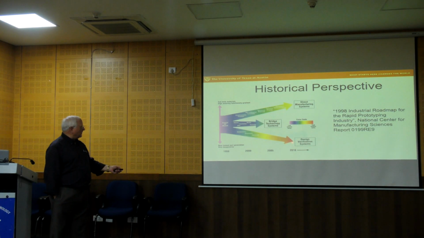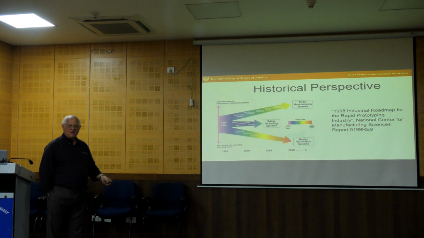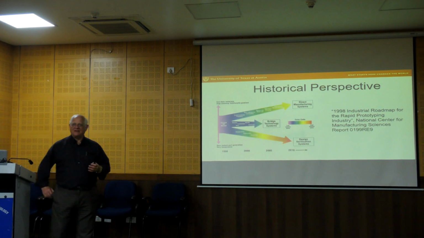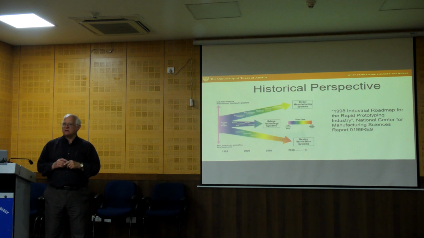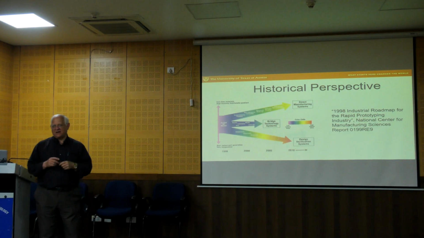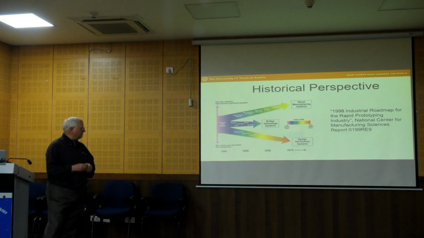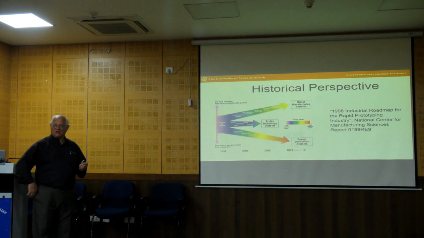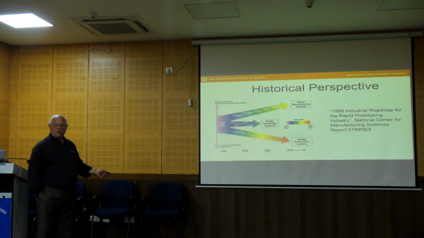The first one they called design verification systems. What we would call it today would be the low-cost printers, like the extrusion machines and those types of machines that are very cheap, very readily available, for producing low-quality parts.